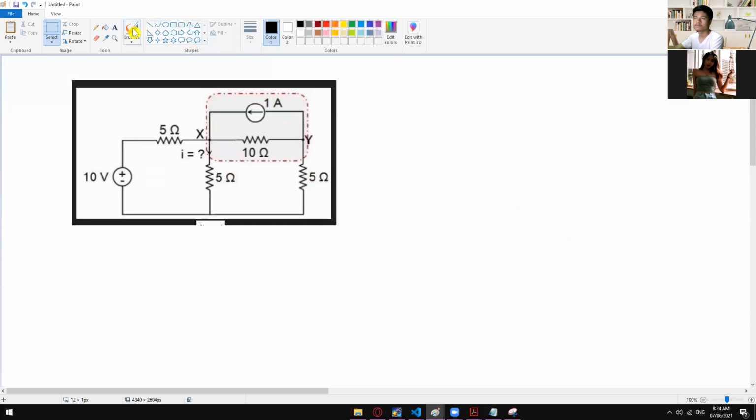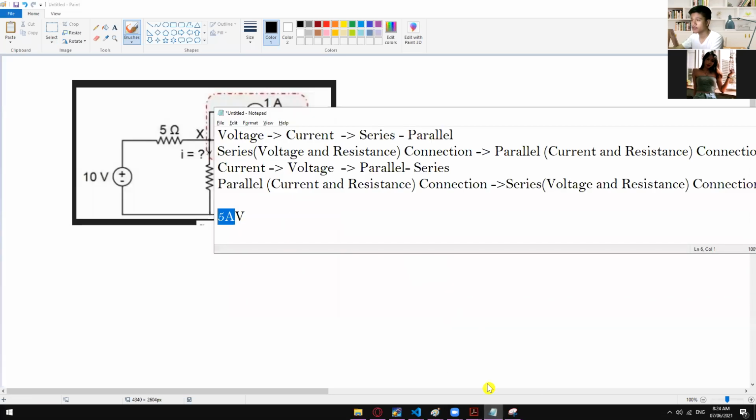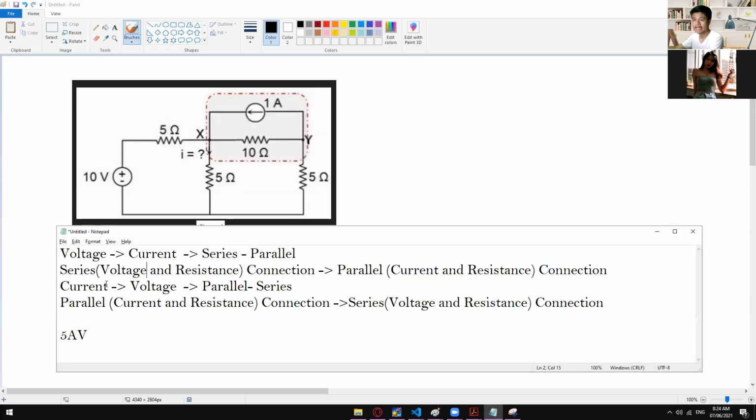All right. So our goal for now is to convert this current source into a voltage source. If we are going to check the requirements, for current going to voltage, it must be in parallel first before you can make it into a series connection. So again, check.